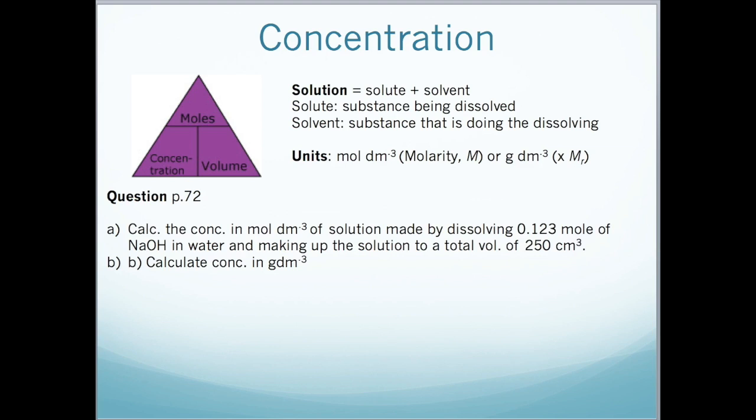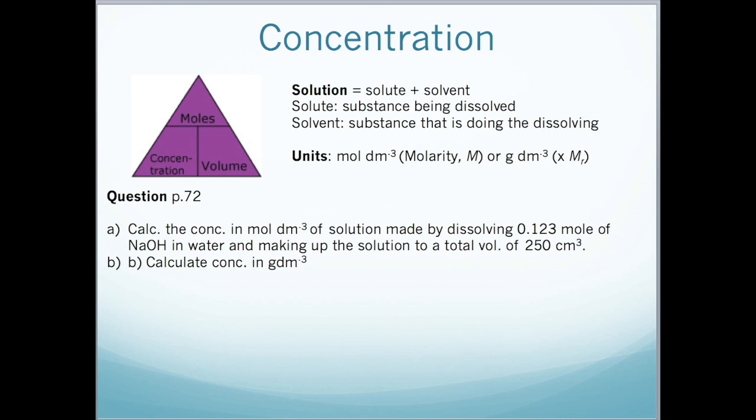So we also need to be familiar with the units of concentrations, because solutions can contain different amounts of solute. The most common unit of concentrations is moles per decimeter cubed, and it's sometimes given a symbol M, which is molarity. So you can sometimes see that written on acids and things like that.